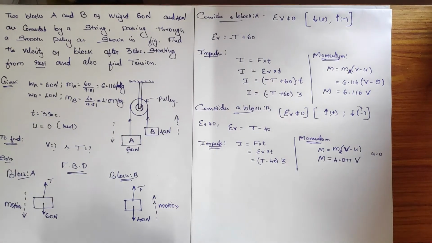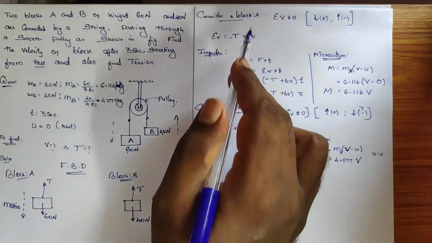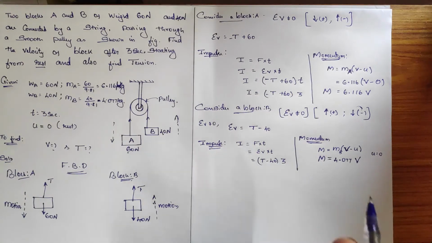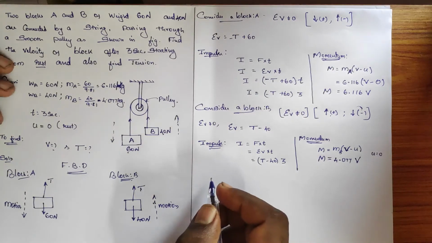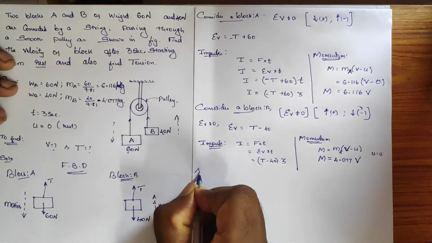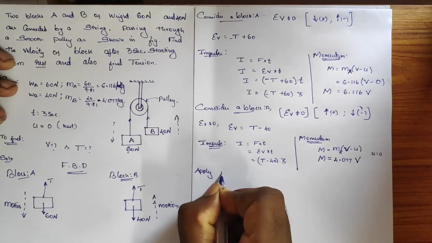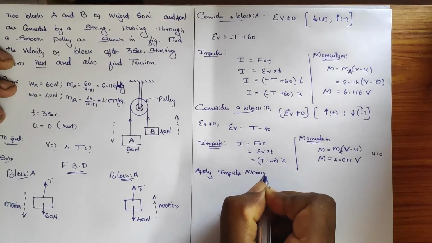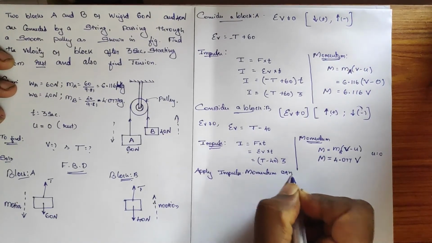So after finding the impulse and momentum for each of blocks A and B, what we have to do is identify the total, so that you can get the velocity of the string or velocity of the moving block. Okay, so here I am going to apply the impulse momentum equation.